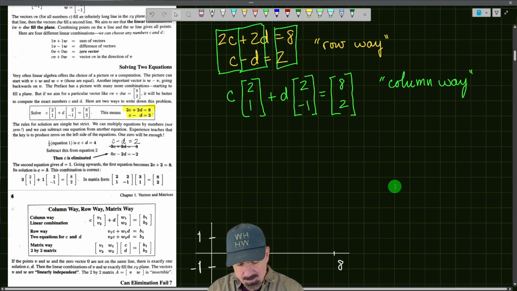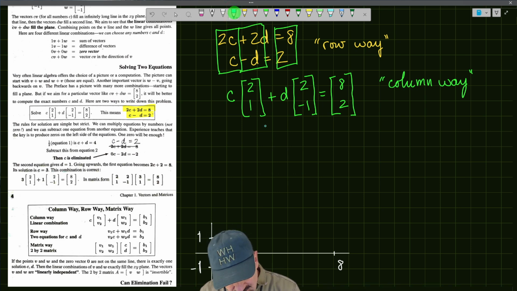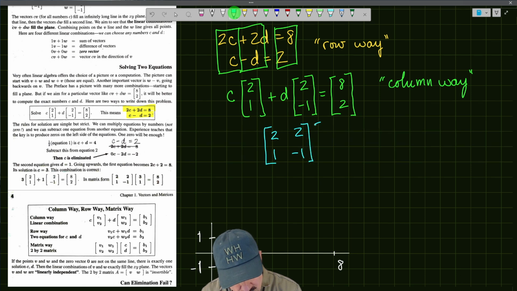And then finally, we have a different way of thinking about this, which is to make a matrix out of these vectors. We have a 2, 1 column vector and a 2, negative 1 column vector, multiplied by a vector of unknowns, c and d, is equal to the vector 8, 2.